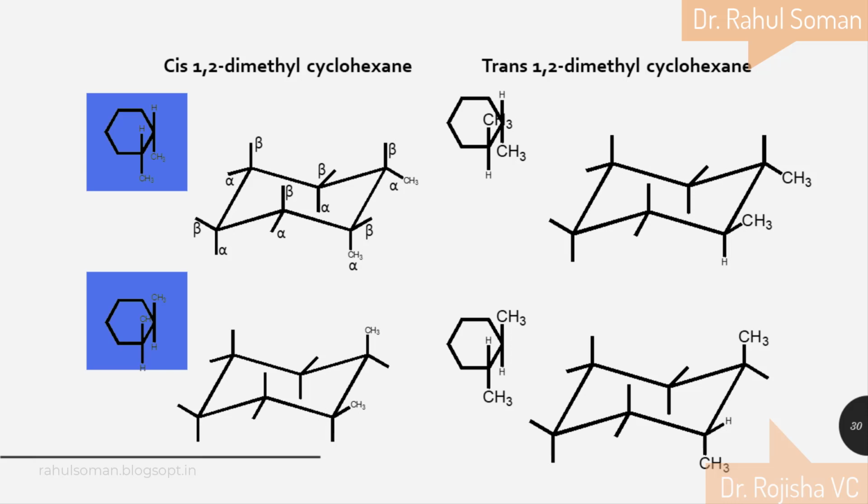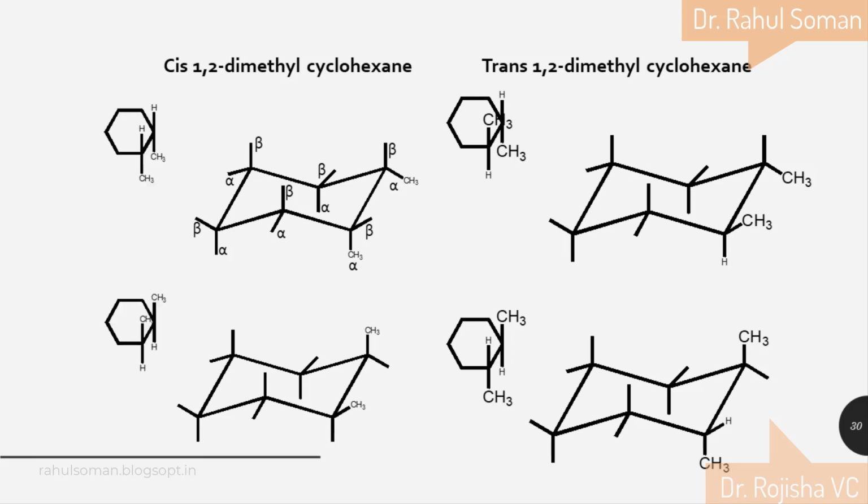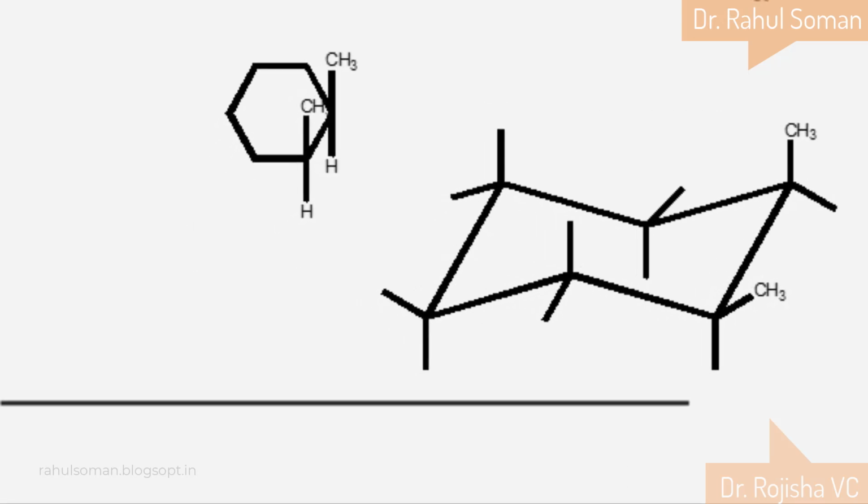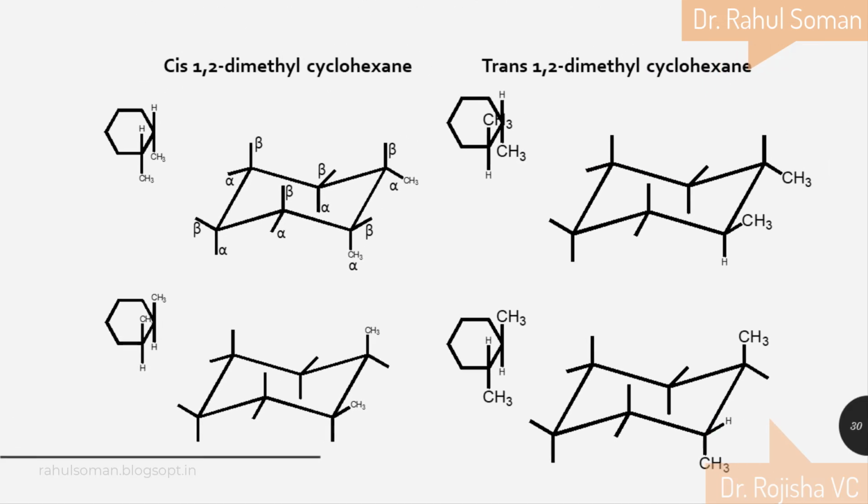Alpha alpha means one CH3 will be equatorial and the CH3 on the second carbon will be axial, the axial-equatorial conformation. The second case is beta beta, where one is axial and one is equatorial. So both conformations will have the same energy.